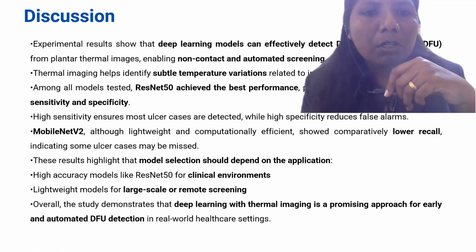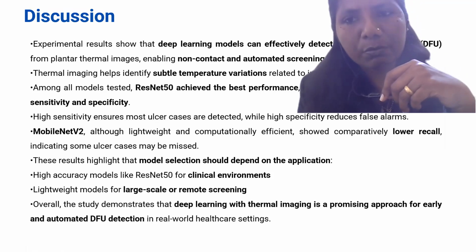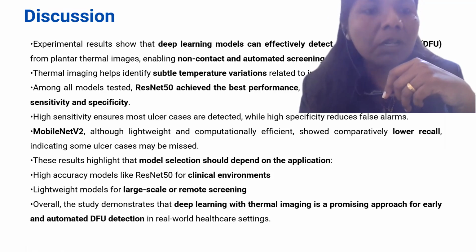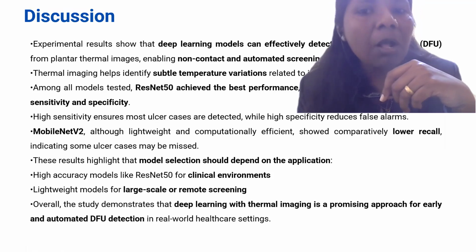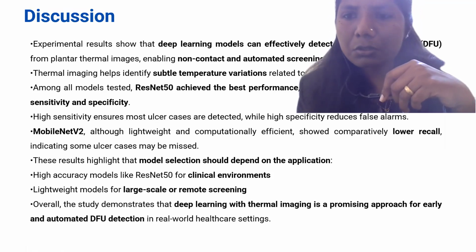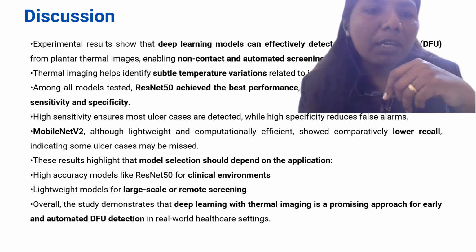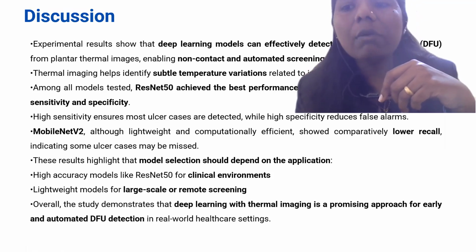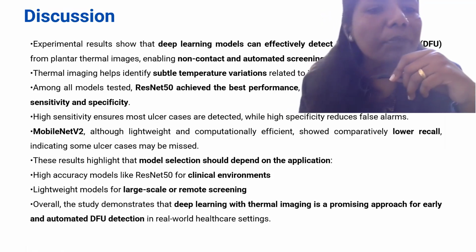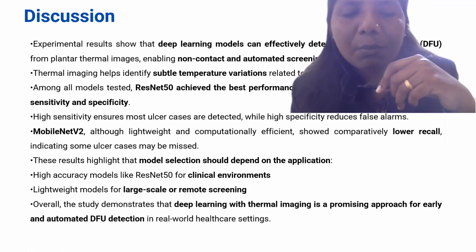Among all the models, ResNet 50 achieved the best performance, providing a strong balance between sensitivity and specificity. High sensitivity ensures most ulcer cases are detected, while high specificity reduces false alarms. MobileNet V2, although lightweight and computationally efficient, showed comparatively lower recall, indicating some ulcer cases may be missed.